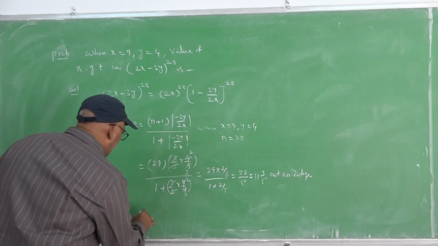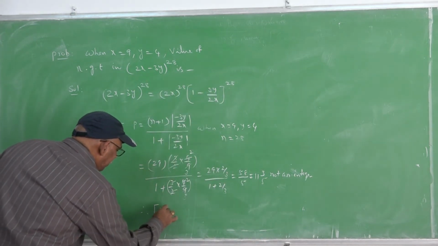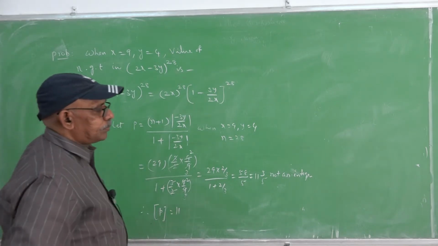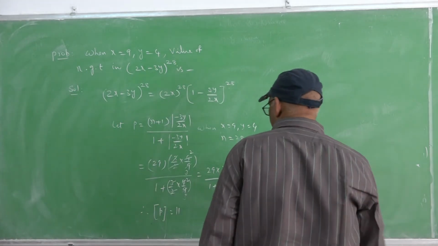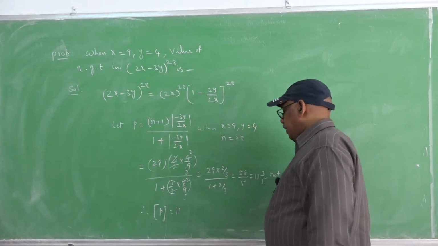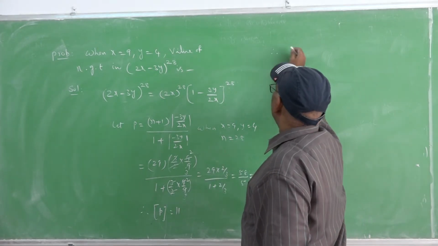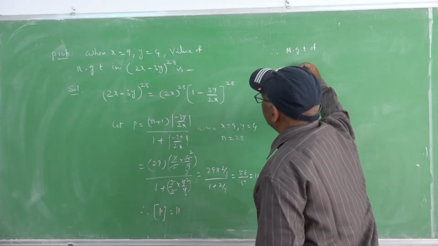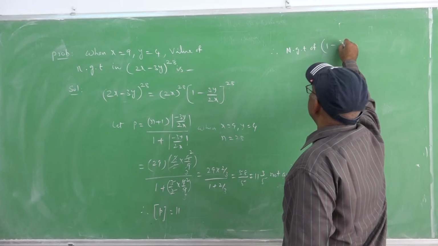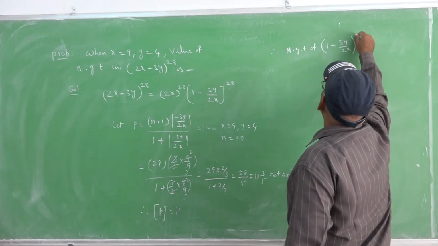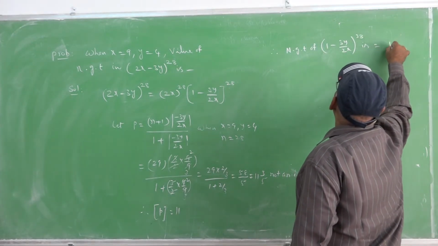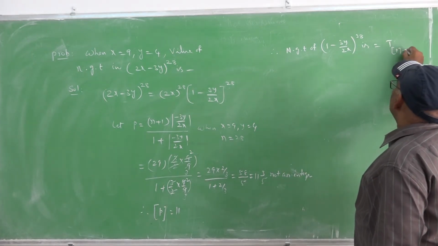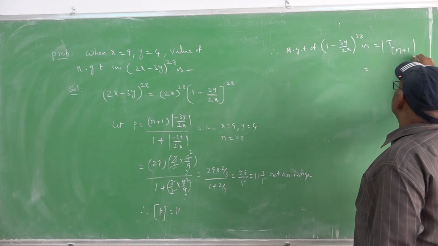So therefore, mod P is 11. The integer part of P is 11. So the numerically greatest term of (1 minus 3y by 2x) whole power 28 is T of P plus 1 with modulus.